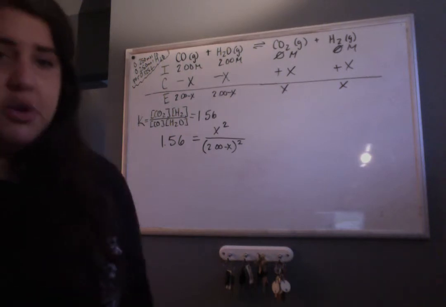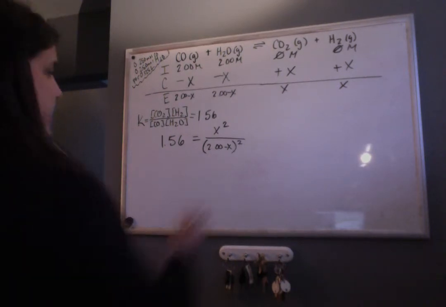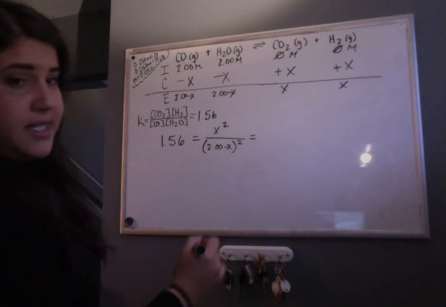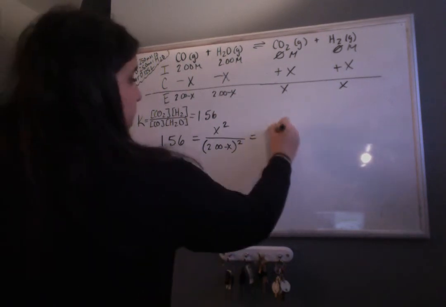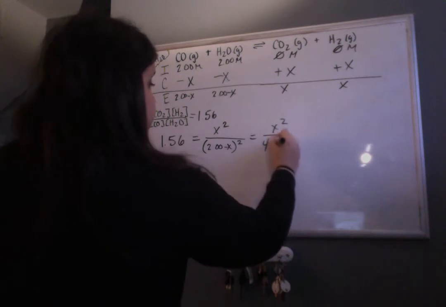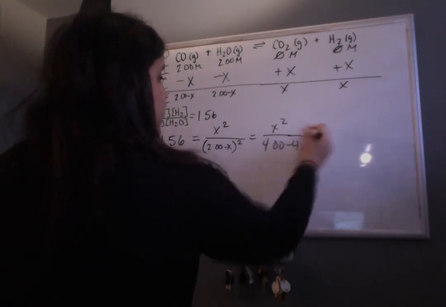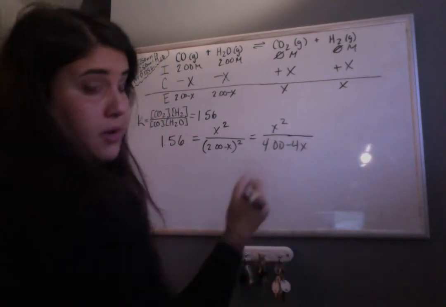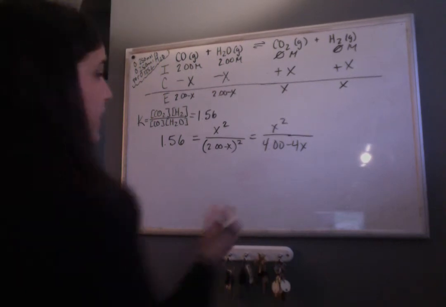When I solve this whole thing out, I end up with 1.56 equals x squared over 4.00 minus 4x plus x squared. Sorry, I'm looking at the work on the paper. You can follow along in your lecture notes as well.